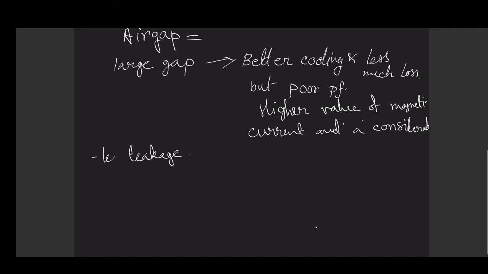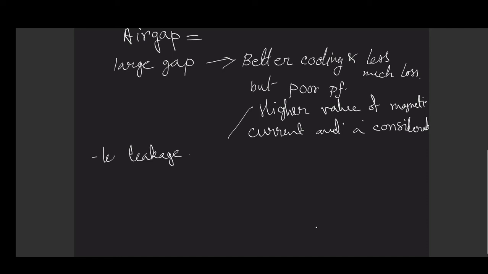All these cons will become pros, and pros will become cons for a small air gap. Like with a small air gap, cooling of the machine will become a challenge, and mechanical loss, meaning air friction, will increase.